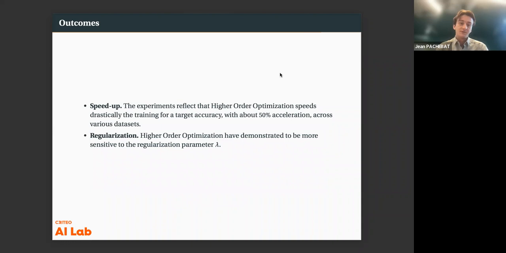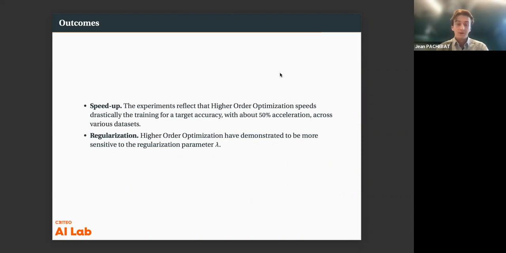So the outcomes of these experiments. First of all, the experiments reflect that higher order optimization speeds up training drastically for a target accuracy, with up to about 50% acceleration in time across different datasets.